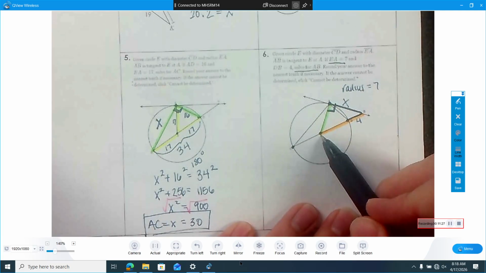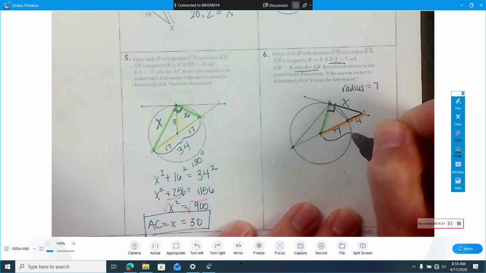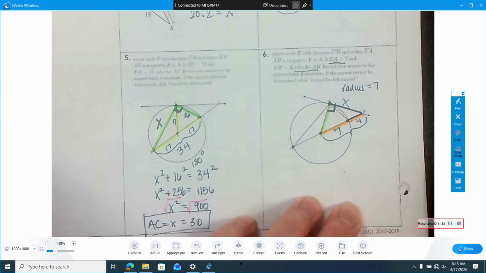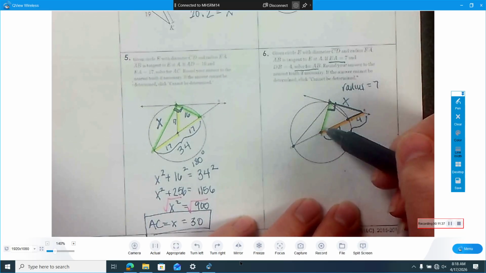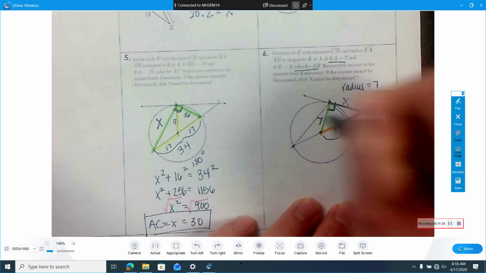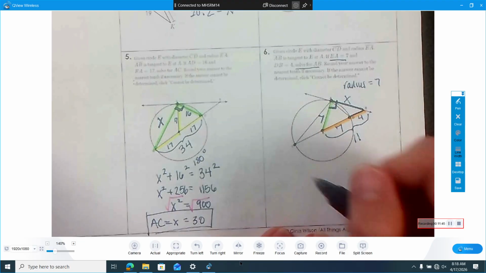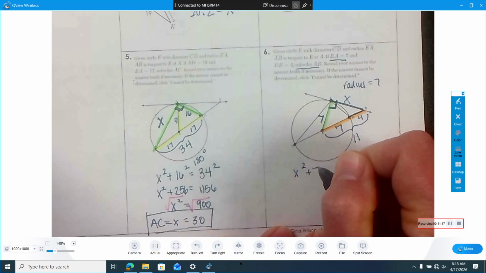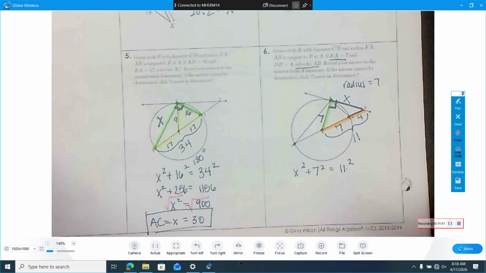What's the length of ED? 7. All right, so what is the whole orange segment there? 11. And what is the green segment? Also 7, because it's that radius again. So what can we do to solve? Pythagorean theorem. x squared plus 7 squared equals 11 squared.